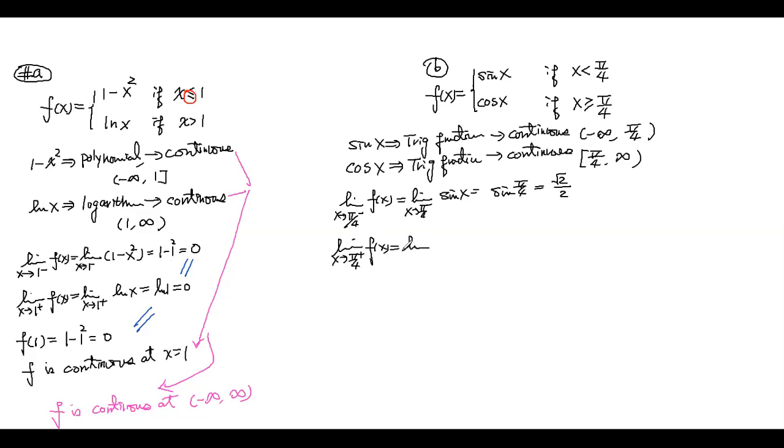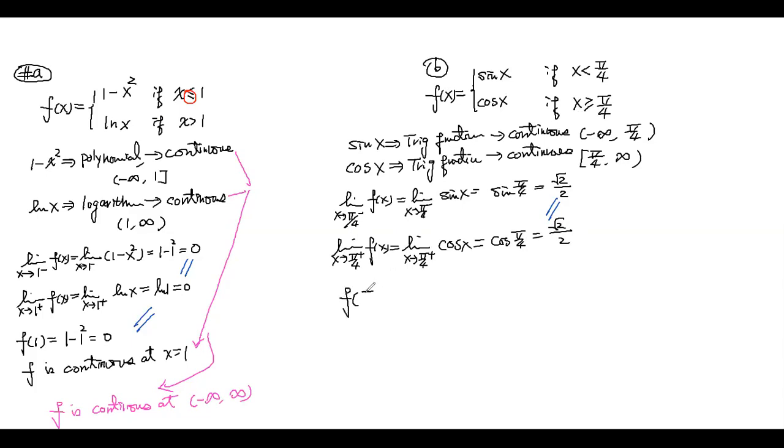Right-hand side is the second function, so it's cosine x. Wow, pretty good, right? So it's cosine pi over 4, which is the square root of 2 over 2. Very good. So our left-hand limit is equal to the right-hand limit. So that's why my limit exists. Now let's check the function value.